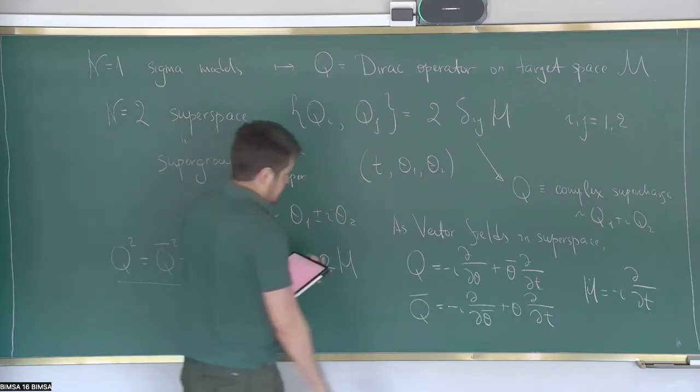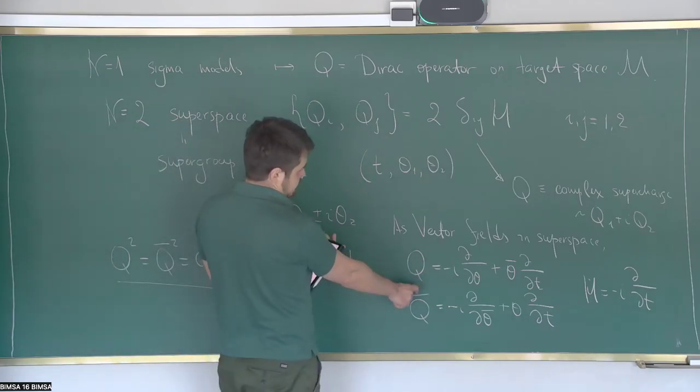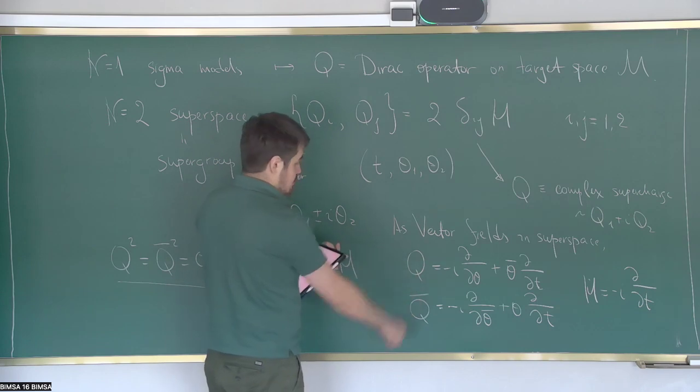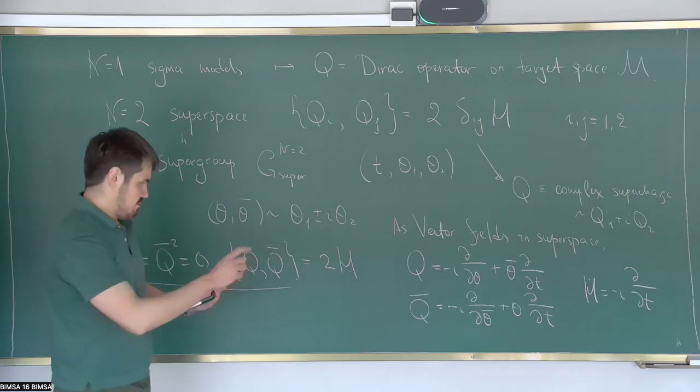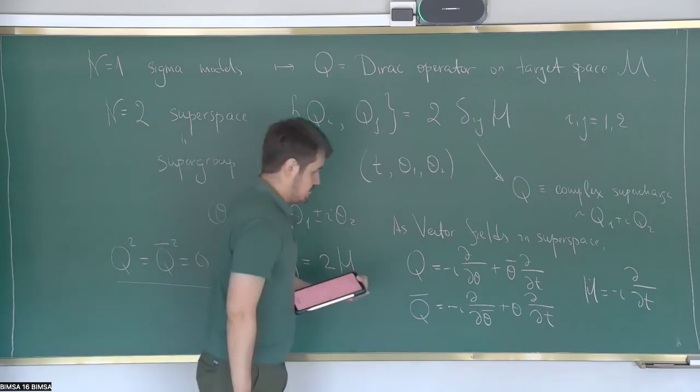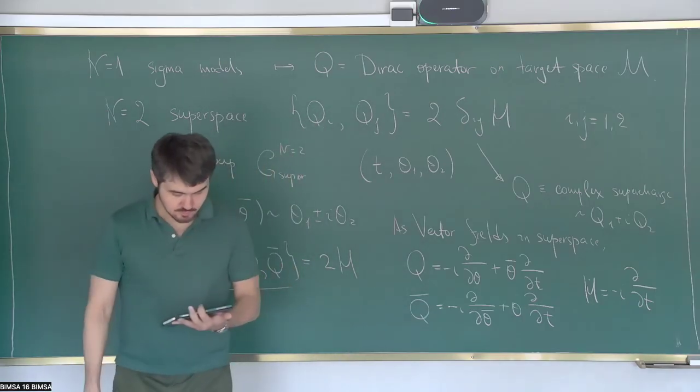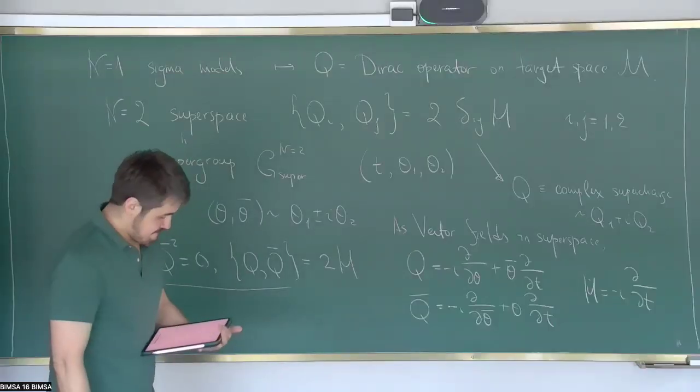Notice it's a matter of some technicality that Q bar is not really naively complex conjugate to Q, with some signs. This is related to how we interchange fermions under complex conjugation. We swap their positions.